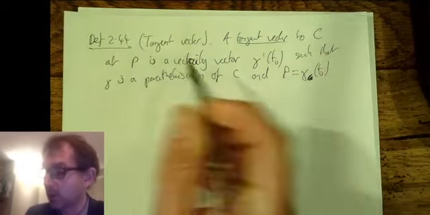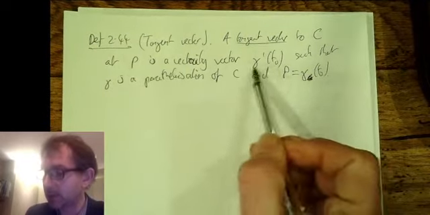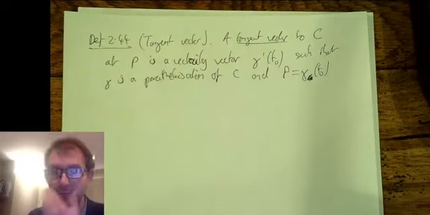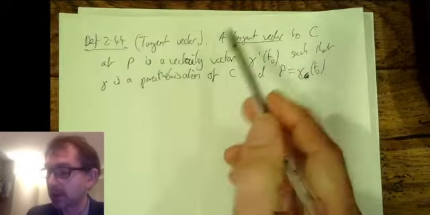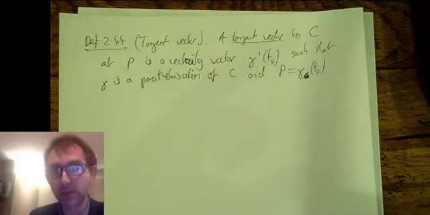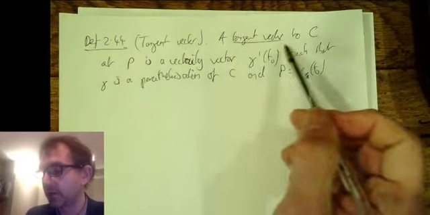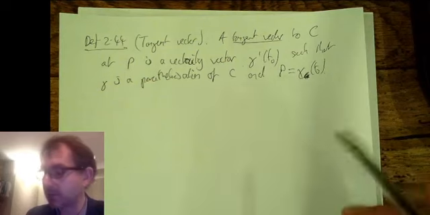Okay, so we are hitting a point P at t0, and then we get a velocity vector from that, and that's going to be our definition of a tangent vector.